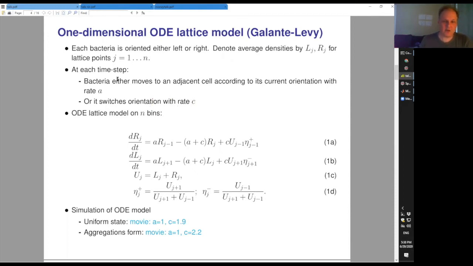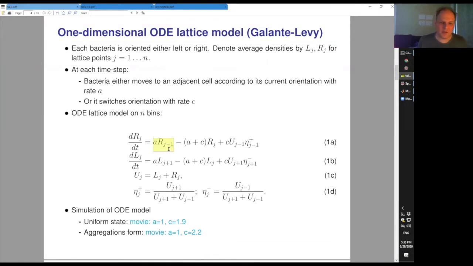So here's how it works. R stands for the right-moving bacteria, L for the left-moving bacteria, and U is the total, left plus right.